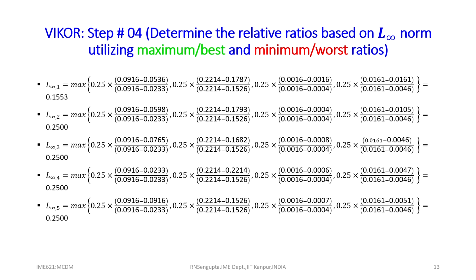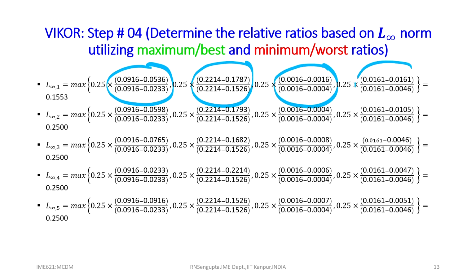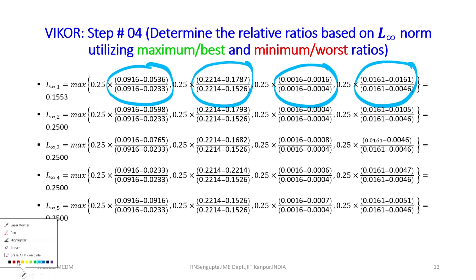Then I consider the values of the max and the minimum, which is for the first L1, for the L infinity 1, which is for the first alternative, I am highlighting. Why 4? Because there are 4 criteria. For the second one I am marking in red.